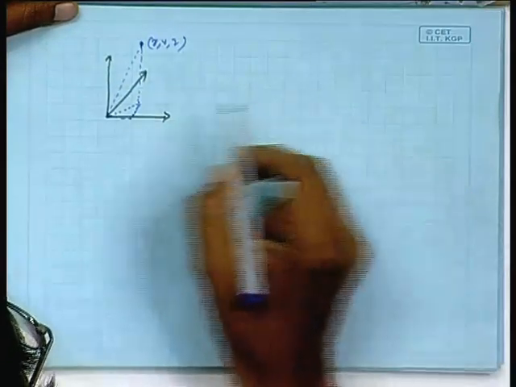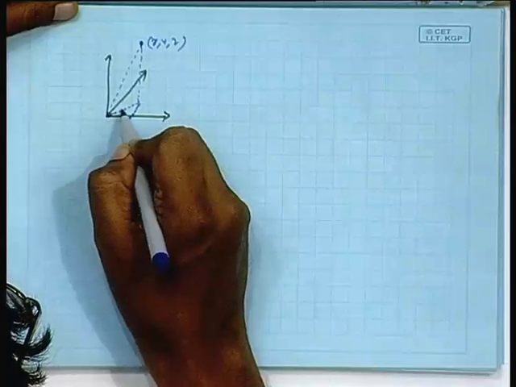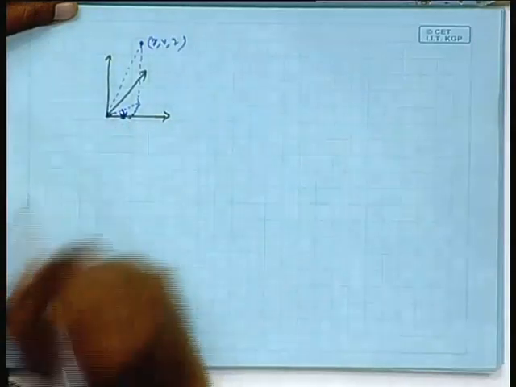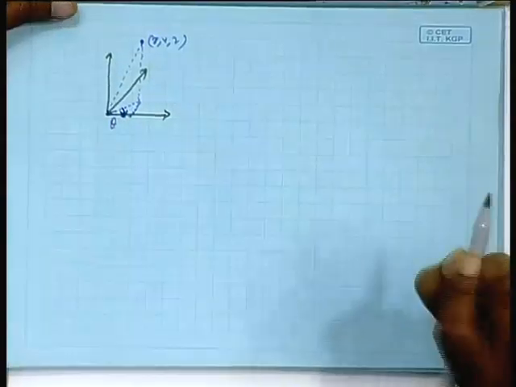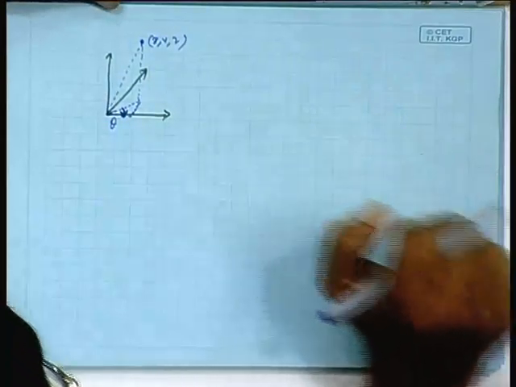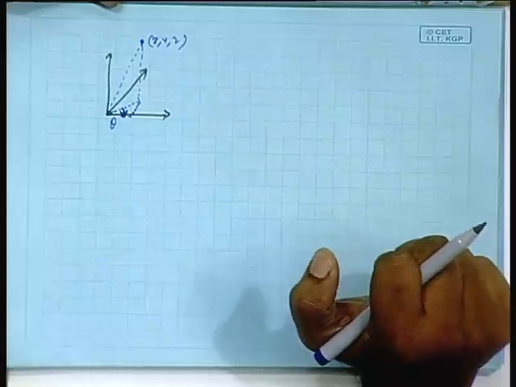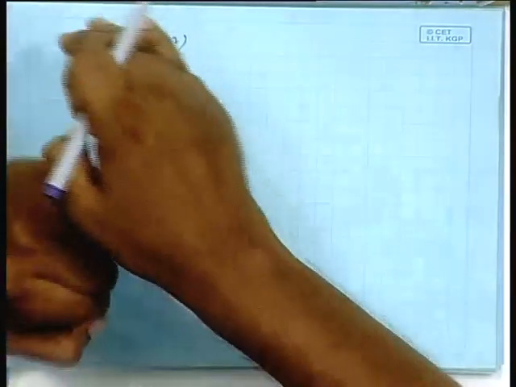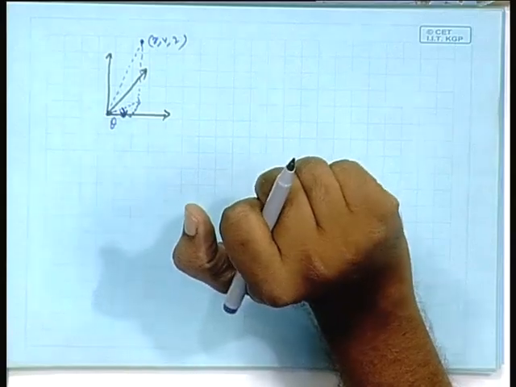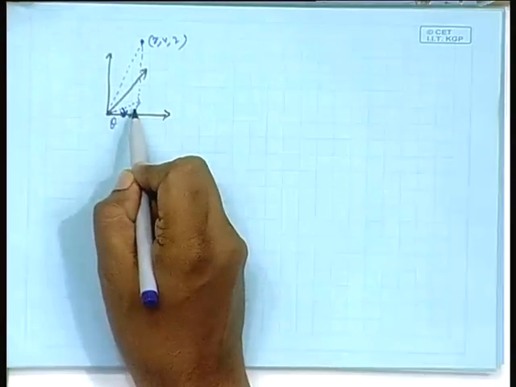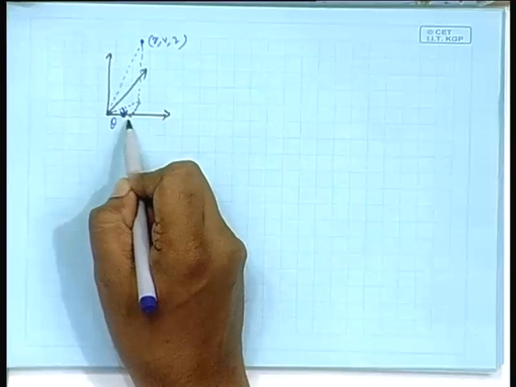Okay. This angle, I am putting an arrow, this angle suppose is theta in the direction shown. So, suppose the xy plane is moved in the opposite direction by minus theta, or equivalently this vector is rotated by theta.